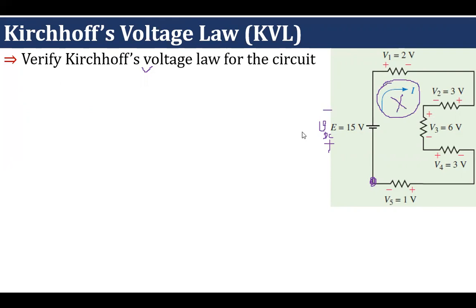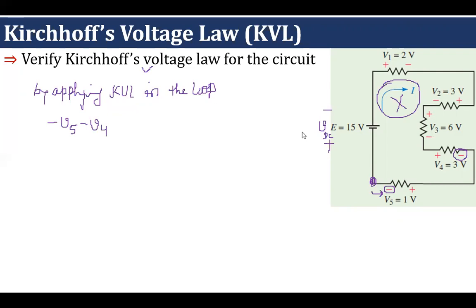So by applying KVL in the loop, I am moving in an anti-clockwise direction. Firstly, I will reach this element, and what sign am I going to see? Minus sign. So I will write minus V5. Again I will go ahead and encounter the minus sign, so minus V4.